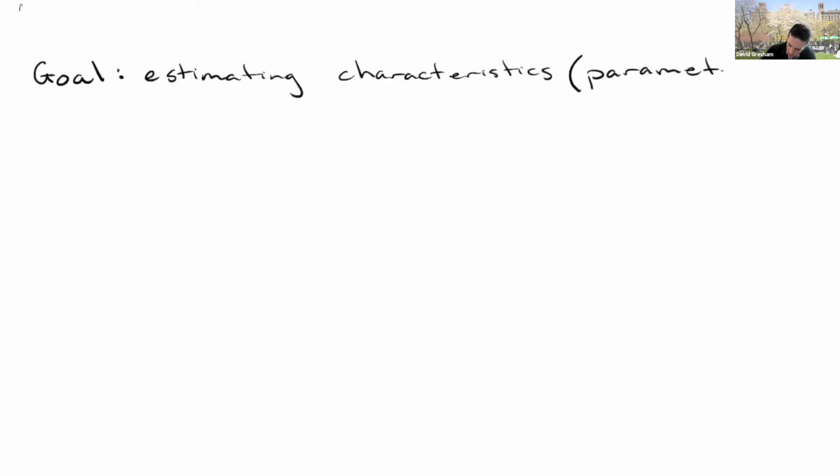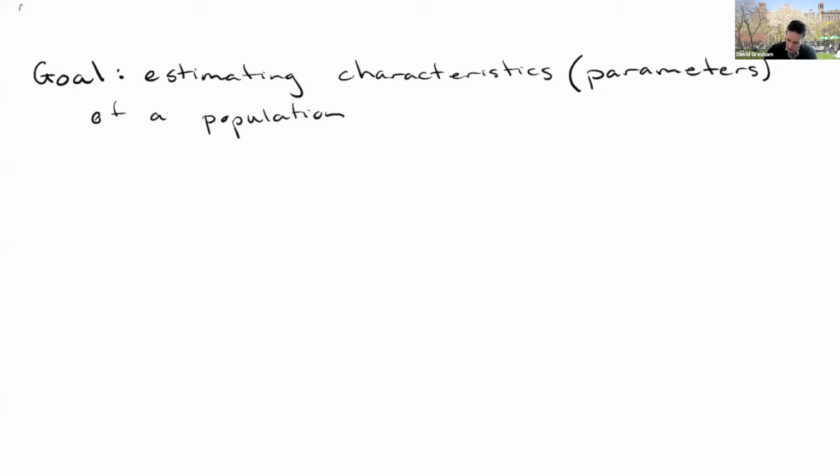So let's define our goal as estimating properties or characteristics, and we'll define those in this case as parameters of a population using a sample from that population, okay? And so we tried to do this in our little experiment that we've done this week.